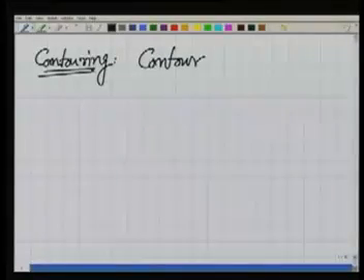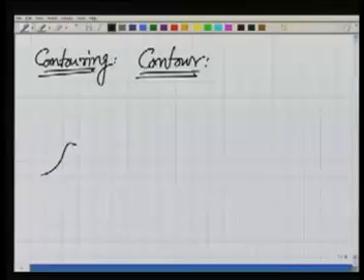Well, let's start with the basic term, the contour. What is the meaning of contour? Many of you may already know about this term. Contours are those imaginary lines on the surface of the Earth which join points of equal elevation. We can see it graphically here. Let's say we have a hill.